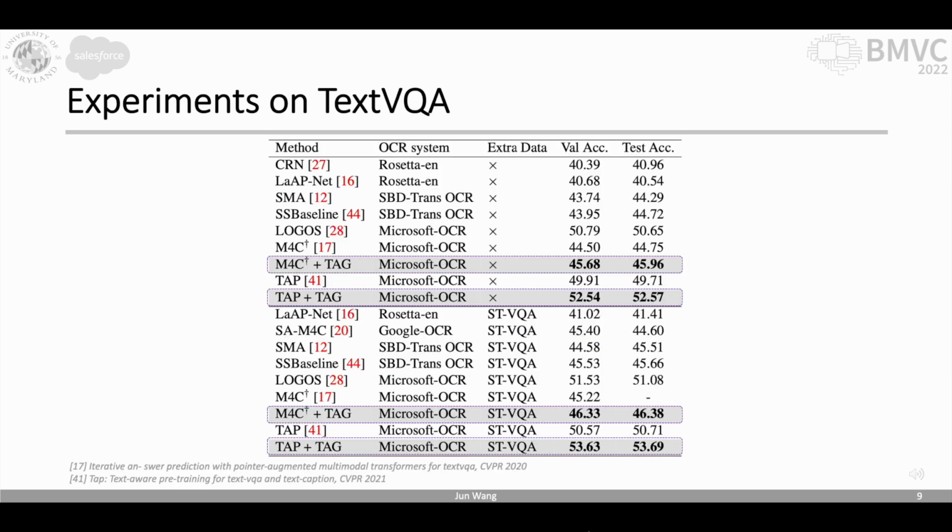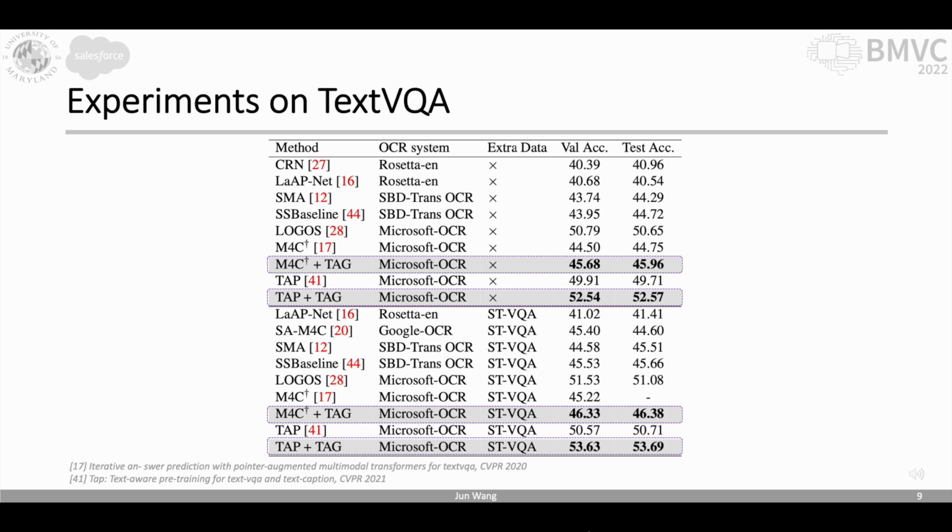We conduct the experiments on two VQA datasets. Here is the result on the first text VQA dataset. In detail, we augment the original dataset by 2 times, and we train the baseline with the augmented dataset. Here are some experimental results on the 2 common settings.